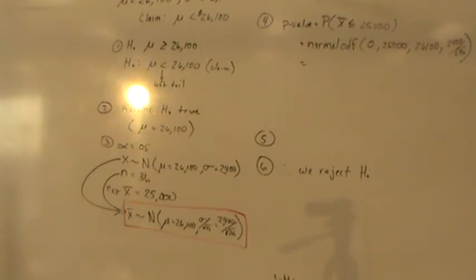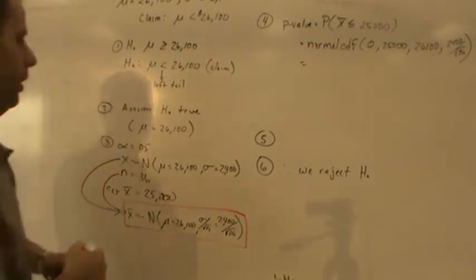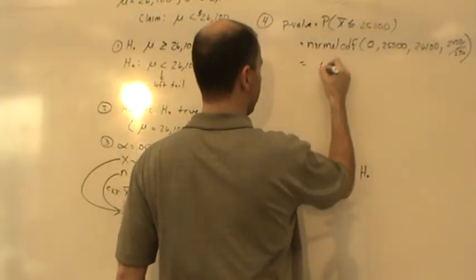Okay. And we want to do a left-tailed test. And our x bar is 25,000. And so if we compute, the p-value turns out to be 0.003.